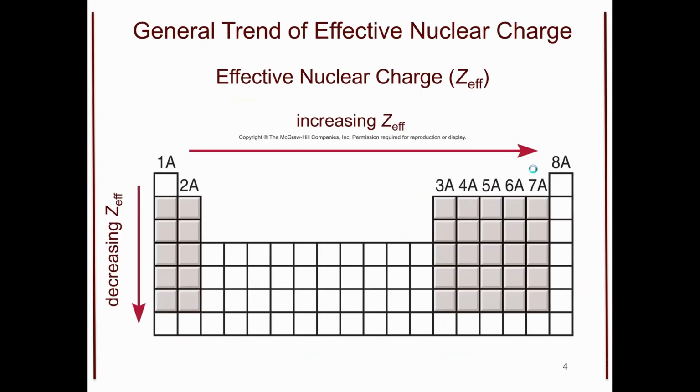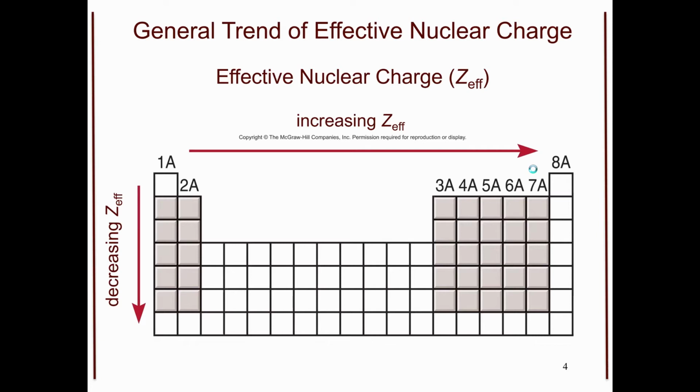So here is our general trend for effective nuclear charge. Effective nuclear charge is going to govern the other properties that we see not only in this video, but in the following video. As we go from left to right, because we are filling up shells and subshells with the same principal quantum number, we are going to have an increased effective nuclear charge as we go from left to right in our horizontal rows.